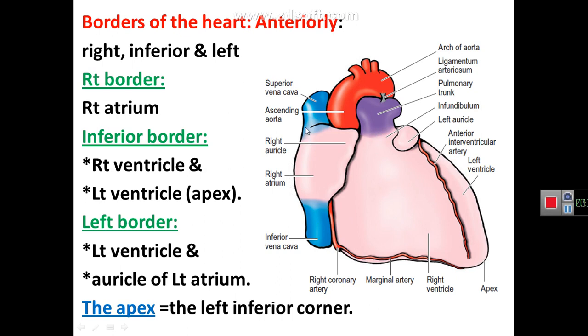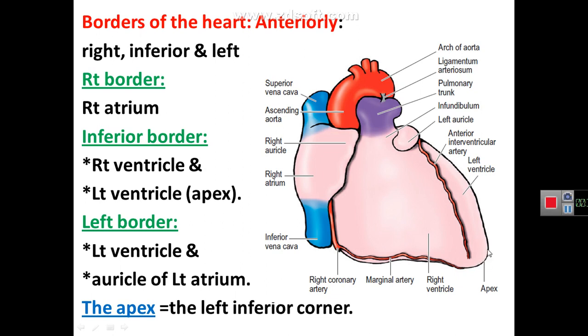So on that aspect, we can see that the heart has a right border, which is formed by the right atrium, a left border, which is mainly formed by the left ventricle, but above, a small region of the left border is formed by the auricle of the left atrium, pointed here as left auricle, and an inferior border which is formed mostly by the right ventricle and in a small region near the apex by the left ventricle.